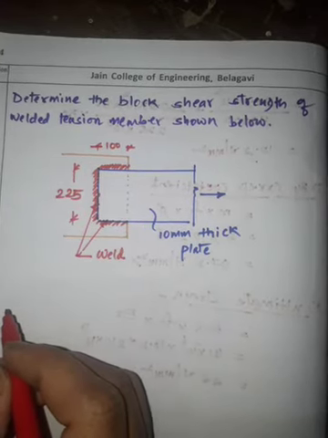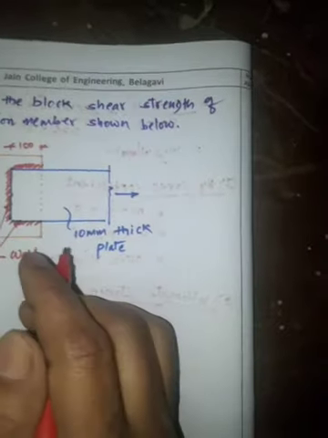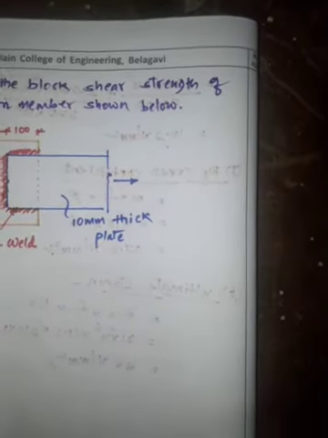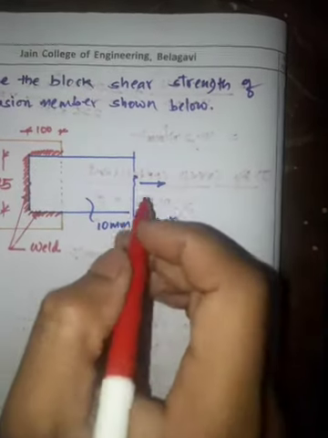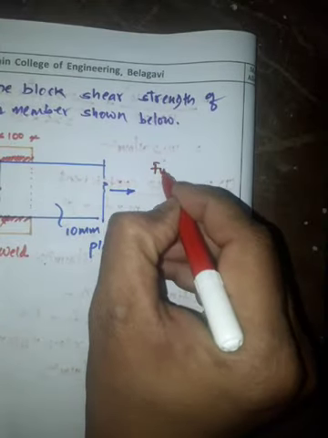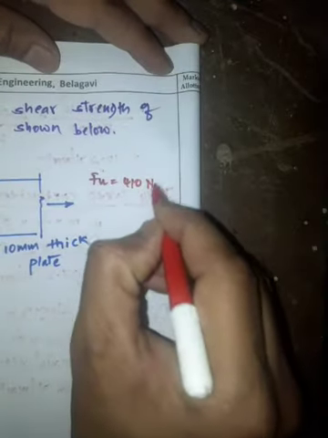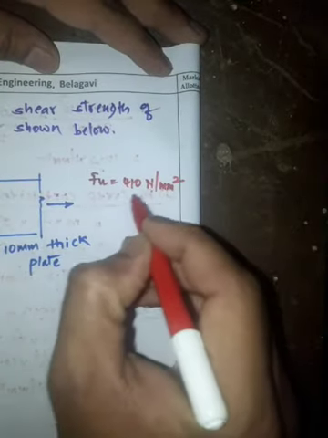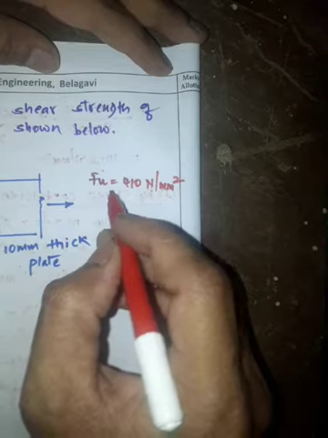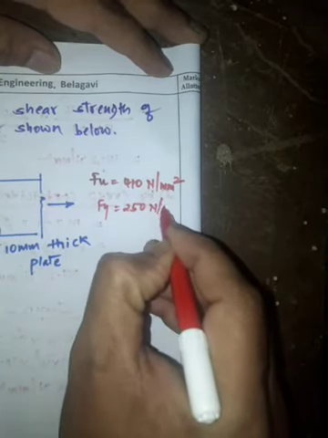First we'll have the other given data. The Fu for the plate is 410 Newton per mm square, and Fy is 250 Newton per mm square.